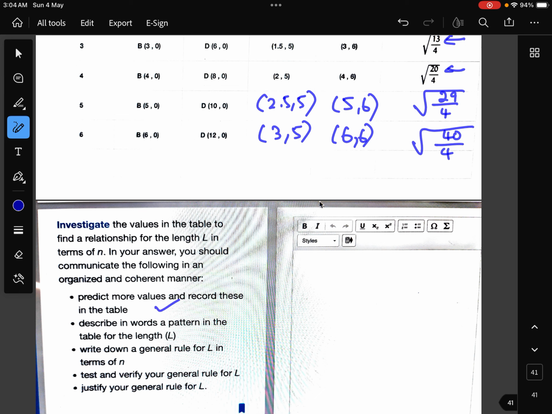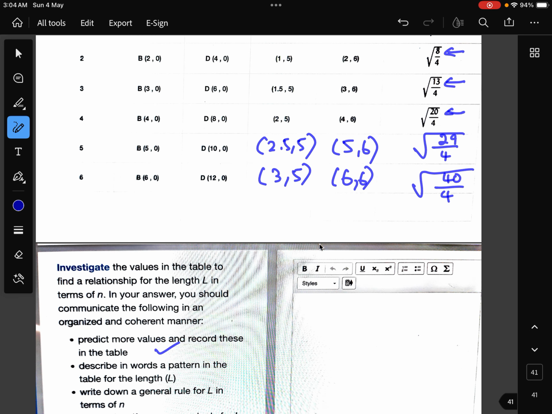So it says describe in words a pattern for the length L in this case. So again, there are several patterns that we can write for this.